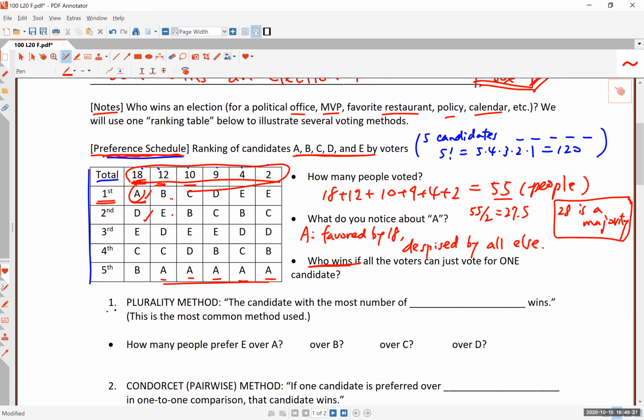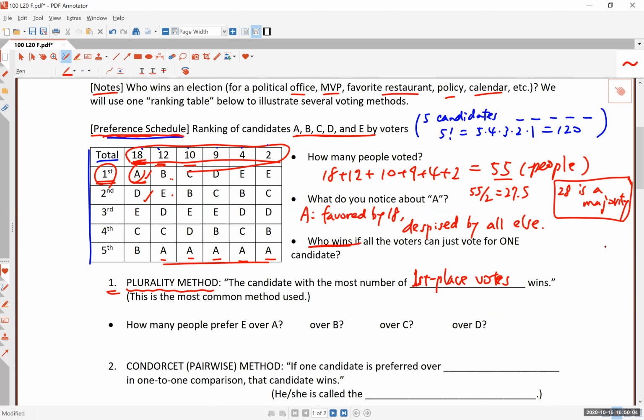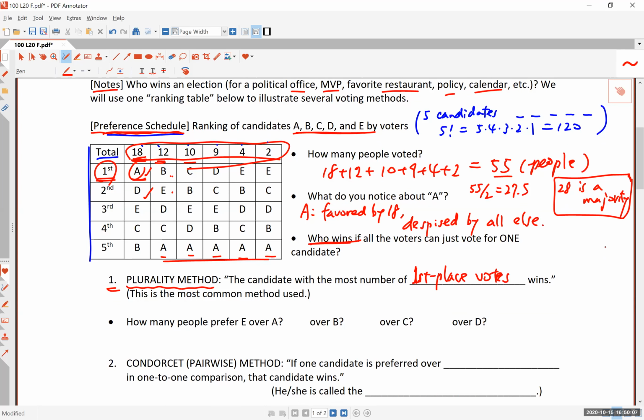Method number 1 is the one that we practice the most. It's called the plurality method. In the plurality method, the candidate with the most first place votes wins. Very simple. Just assume that everybody is going to write the name of one person, the most favored person, and the candidate with the most first place votes is going to win.